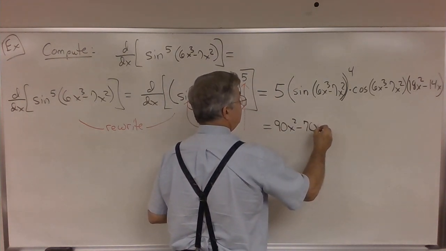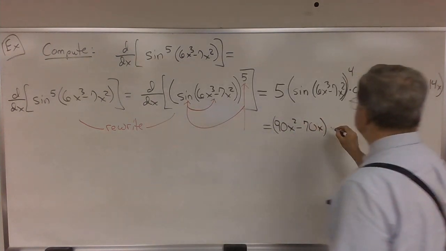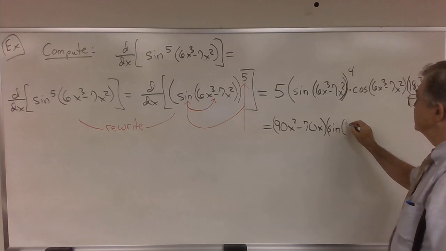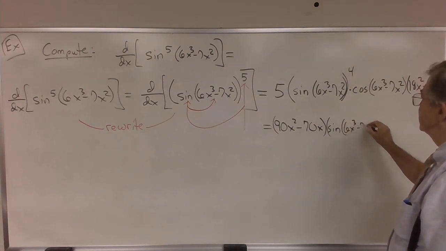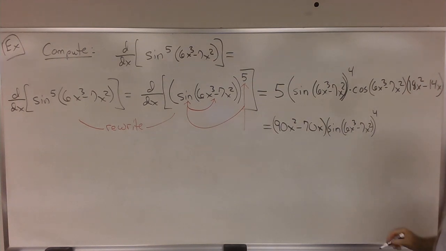Okay. 70x times sine of 6x cubed minus 7x squared to the fourth times cosine of 6x cubed minus 7x squared.